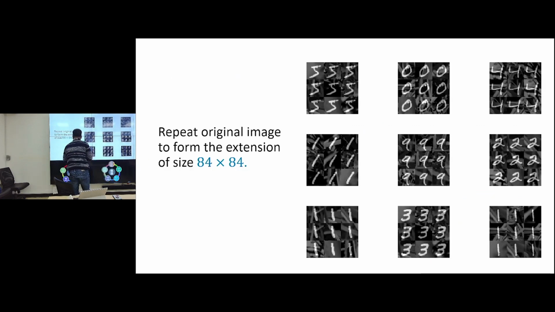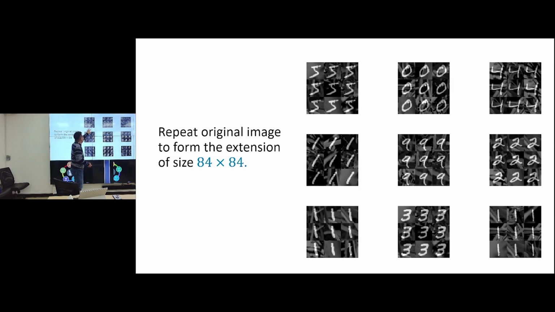In the high dimensional case, we repeat the original image to form a 3x3 extension to the size of 84 by 84. The original is 28 by 28, and we repeat it to 84 by 84. This is the 3x3 extension of our original handwriting images.